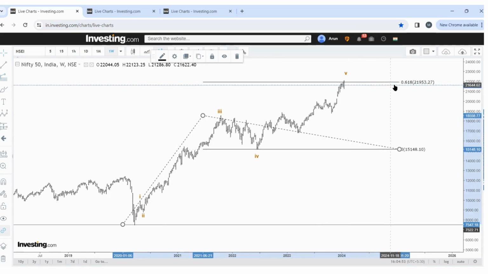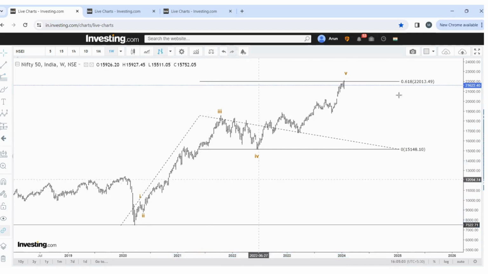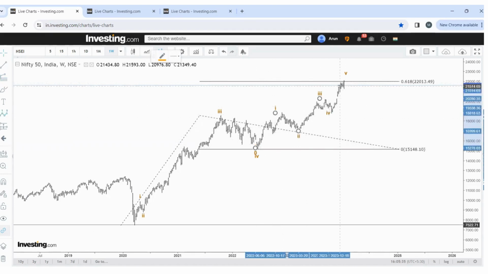It stopped exactly at 61.8% of the wave 1-2-3 distance. So possibly a meaningful top has been made. This is how we calculate the target for wave 5. I have shown a lot of examples explaining the same concept, and it has worked in most of the charts. And here too, if we take it like this, exactly 61.8% comes here, and it can be A, B, C, D here, 1 2 3 4 5.